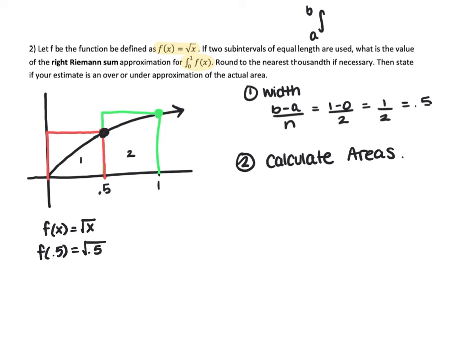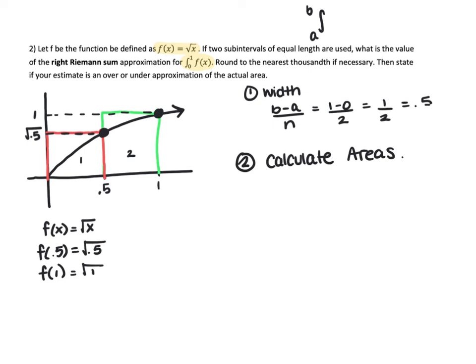So this height is technically the square root of 0.5. Up here, at 1, f of 1, we're just going to take the square root of 1, which we know is 1. So all the way over here, this height would be 1.